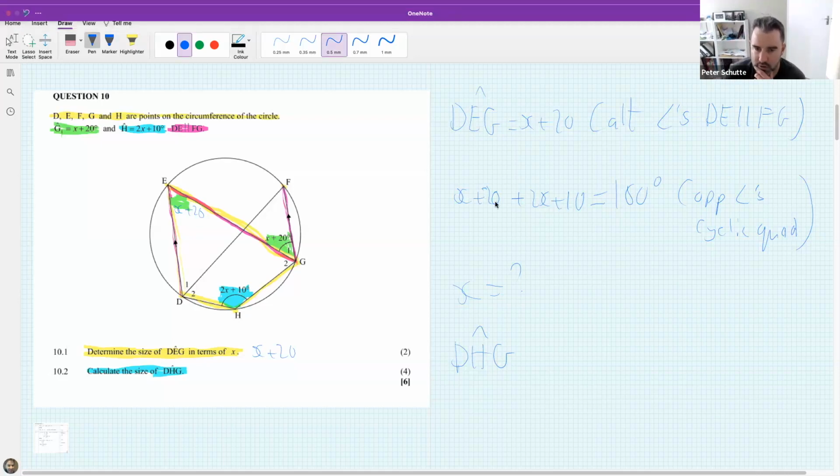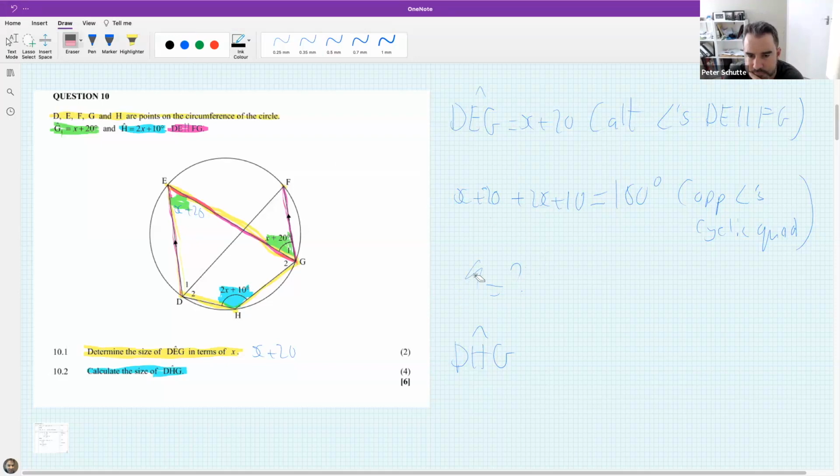Let's have a look at what we've got. So I think x is 50, but that isn't the answer to DHG. What is the size of DHG going to be?